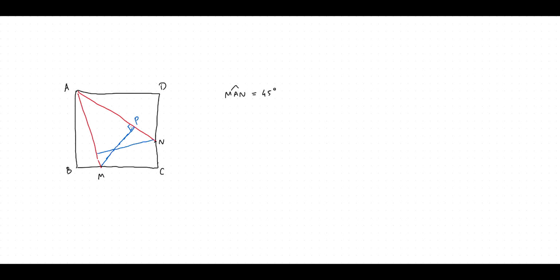There's point P and point Q defined like this, P and Q as in the picture. Let's write 45 here. Then the question is to show that B, P, Q are collinear.